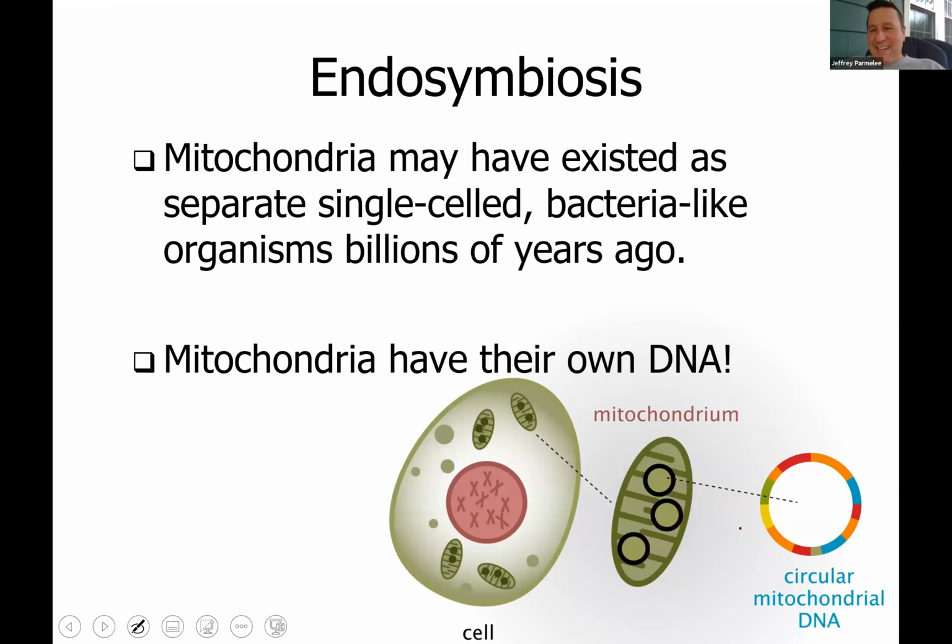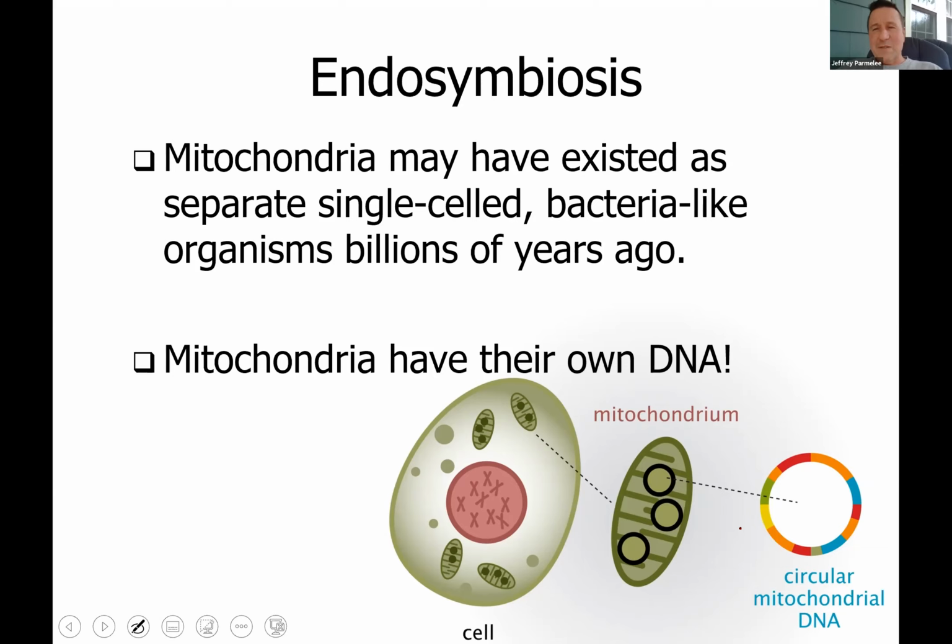And of course, once again, we know these bacteria that were free living were engulfed by some early cell, and instead of eating them, they hung out. And all of a sudden the relationship was: I'll give you some sugar, a place to live, you just give me some ATP. Plants have mitochondria, so this happened before plants and animals split, that long ago, that these things have been living inside of us.